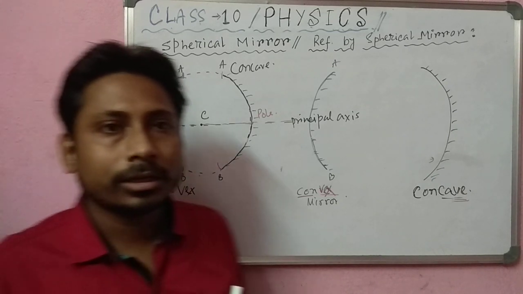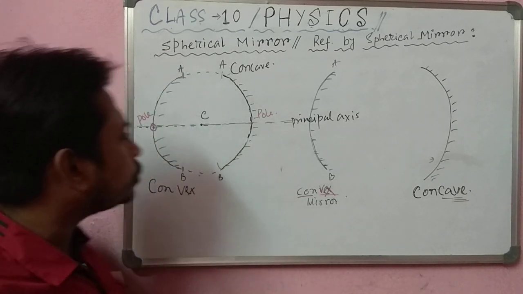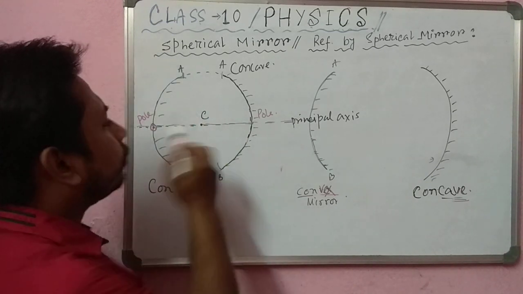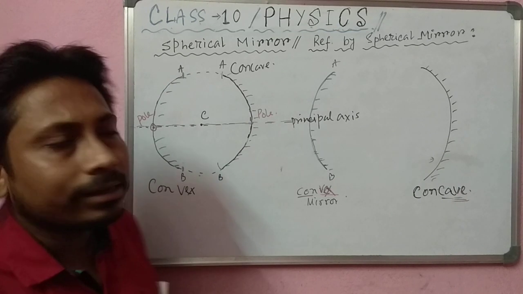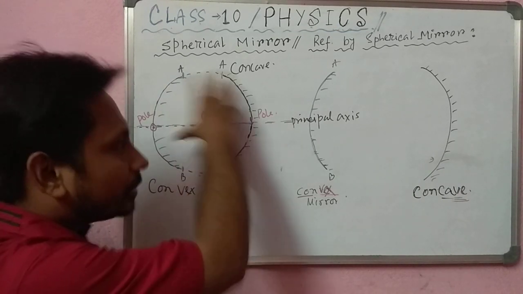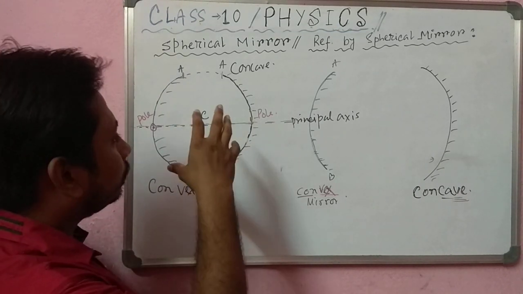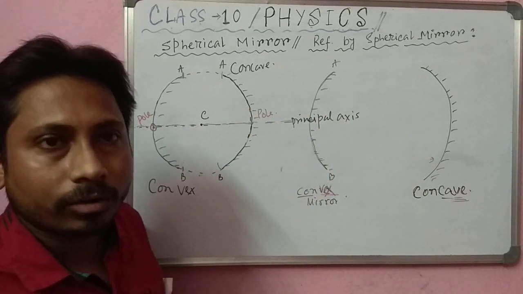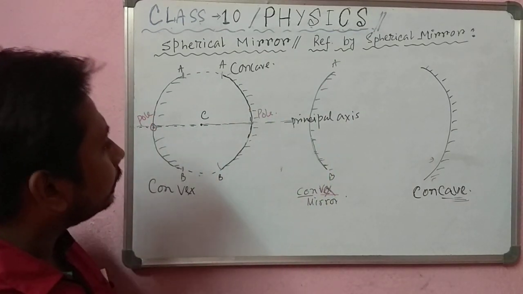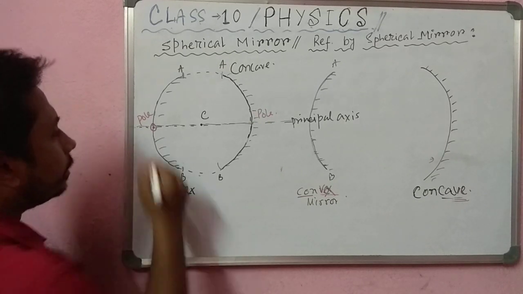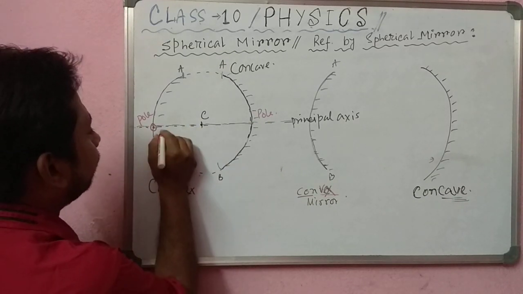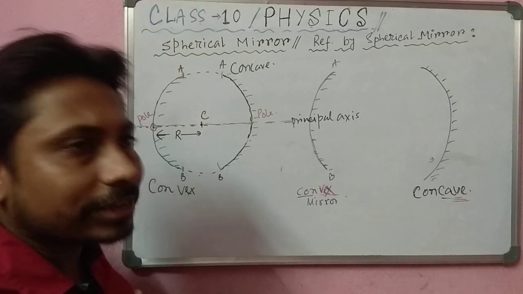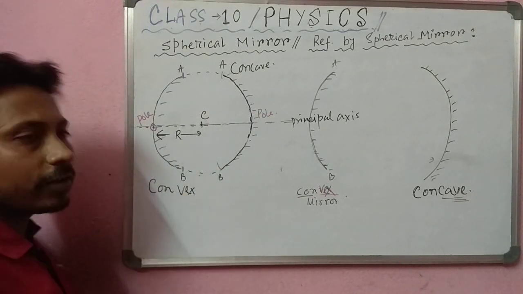Now students, I think you understood what is called pole. Pole means the geometrical center of the mirror. Center of curvature means the center of the sphere, of which this mirror is a part. And what is called radius of curvature, students? From the pole to the center of curvature, the radius of the sphere is called the radius of curvature. So this is called the center of curvature.